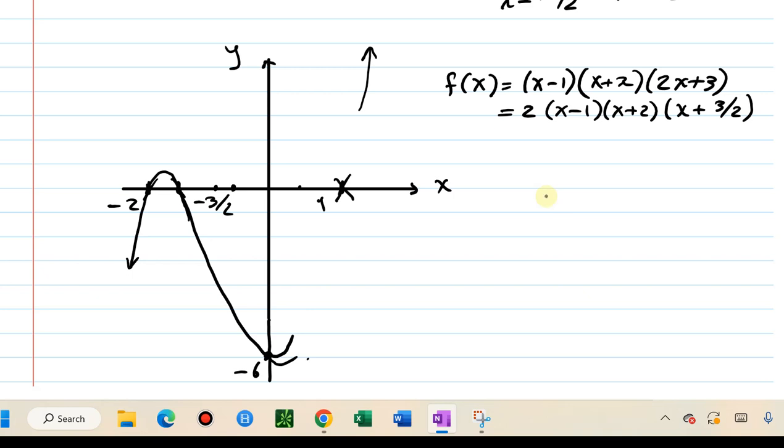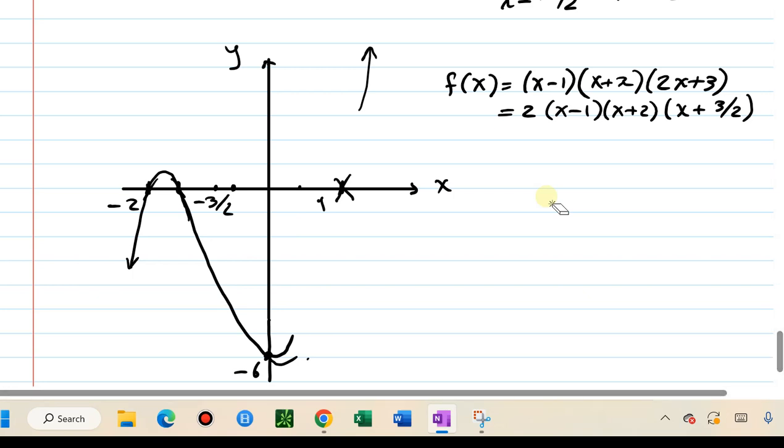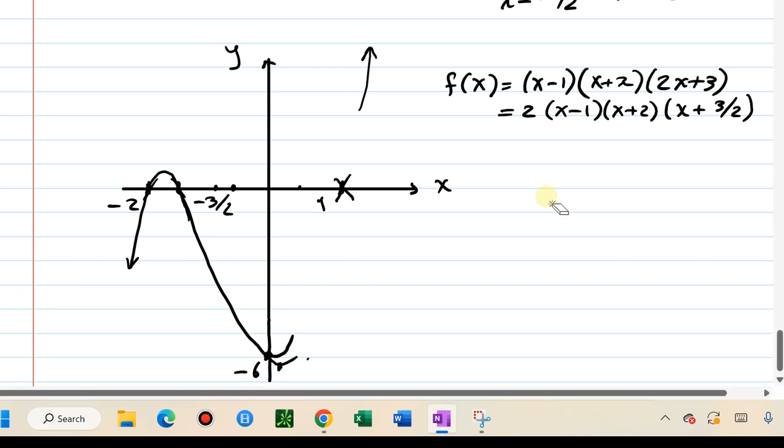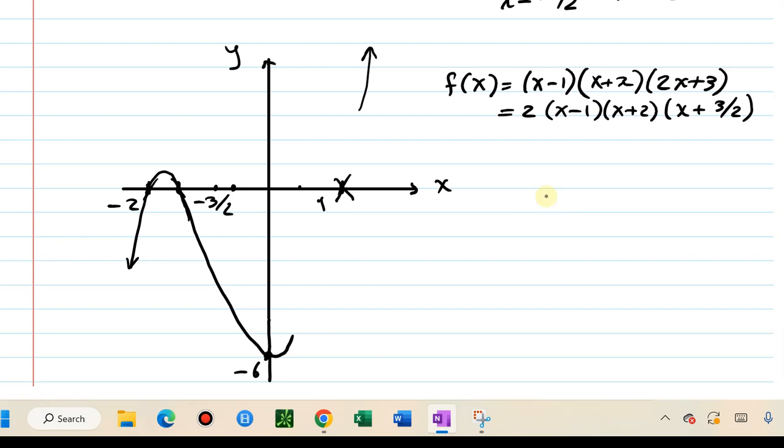And it would be easy to do. You just choose something like, I don't know, 1/4. It is a fraction, but we've got no choice. You can try 1/4 in the function and see if at 1/4 you are below -6 or above it. Okay, I'm just going to make it return around -6.